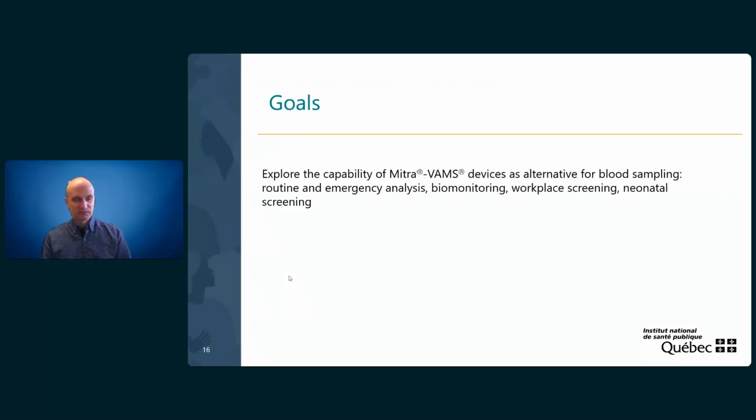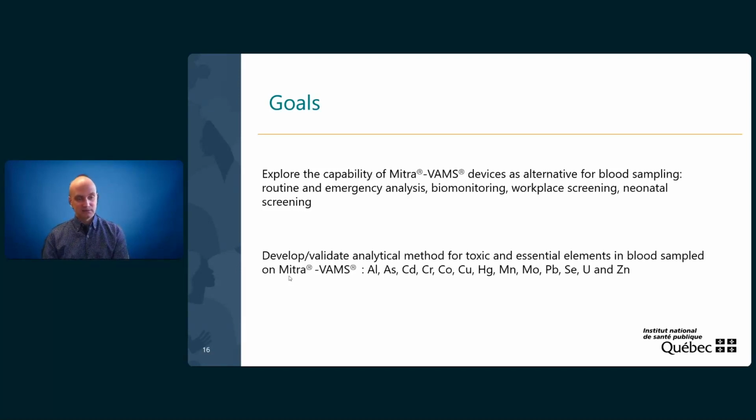The goals of the study was first to explore the capability of Mitra VAMS as an alternative for blood sampling. So obviously, in our mind, we always think that it would be useful for routine and emergency analysis, as well as biomonitoring studies, workplace screening, and even neonatal screening if it works well.